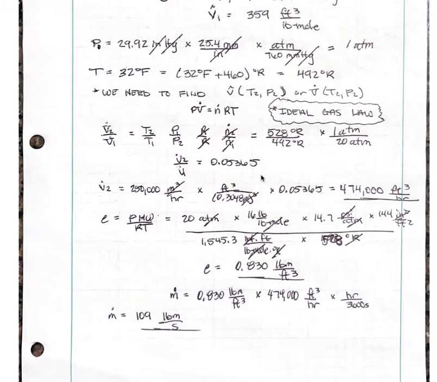So you cube 0.3048 meters, make it meter cube, times 0.05365. That's your ratio to convert it into V2, and that would give you, I rounded that number up, so if y'all get something close to that, that's good. It should be roughly 474,000 feet cubed per hour.